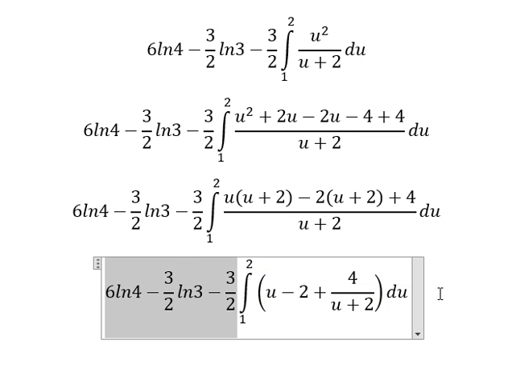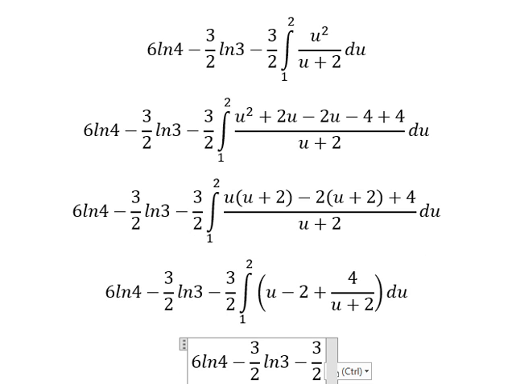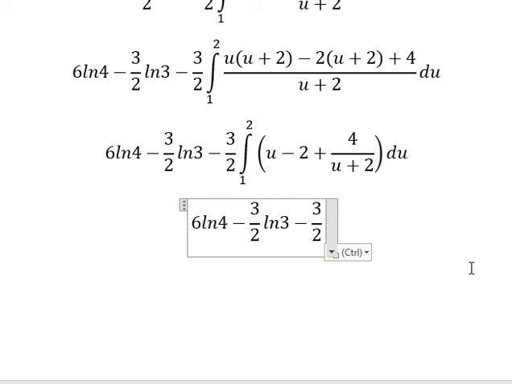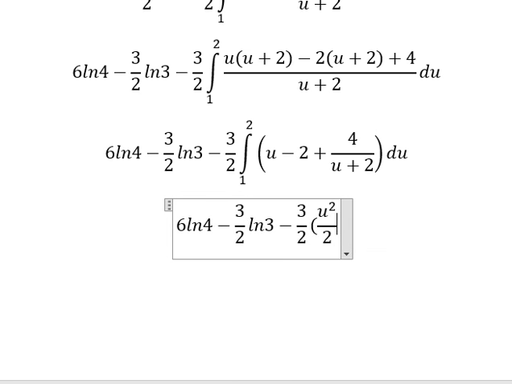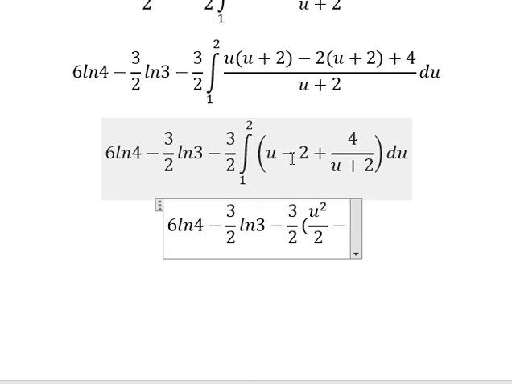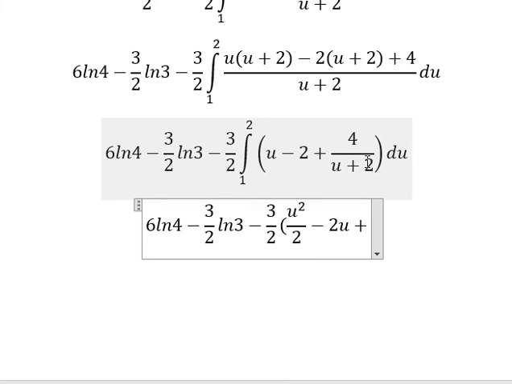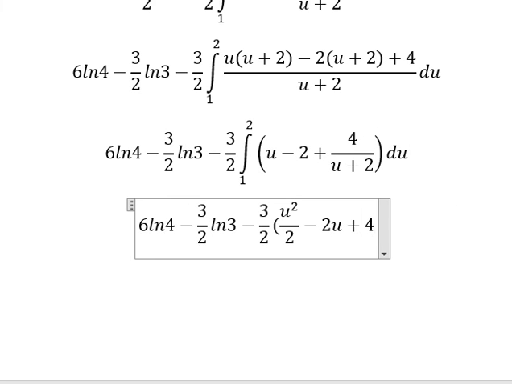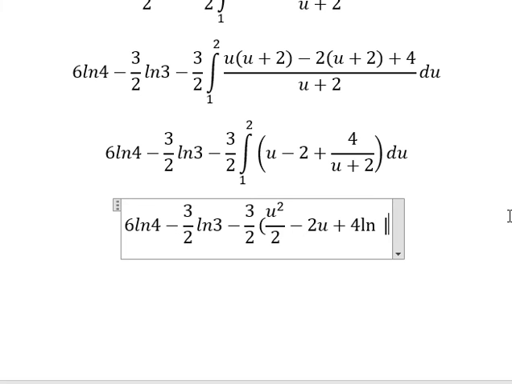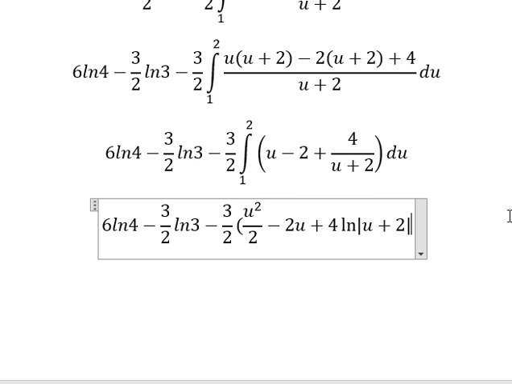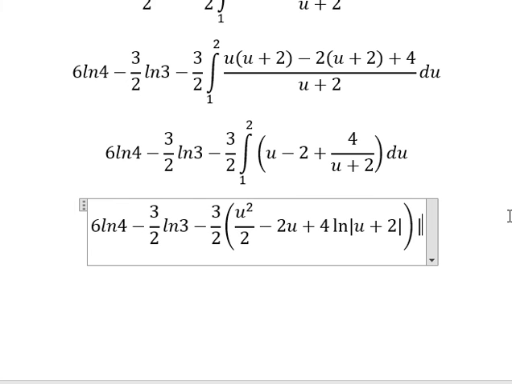And now the integration of u, you got u squared over 2. The integration of 2, you got 2u. The integration of this one, you got 4 ln of the absolute value of u plus 2. And we put the bounds from 1 to 2.